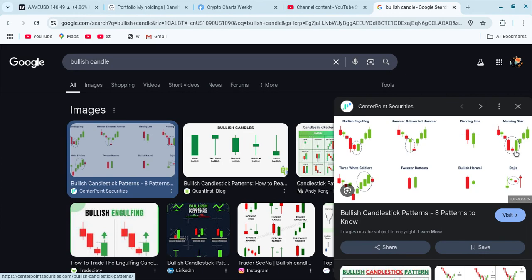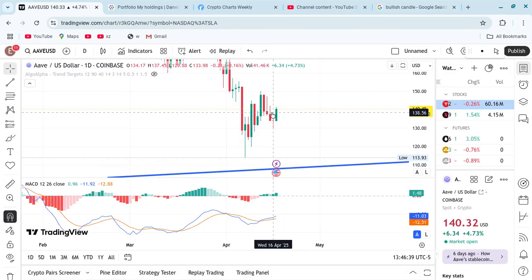And once we have this type of candle in a downtrend, it's going to be one of the bullish ones. We have a candle like this one over here, and after this downtrend, we have this one, which is already open.